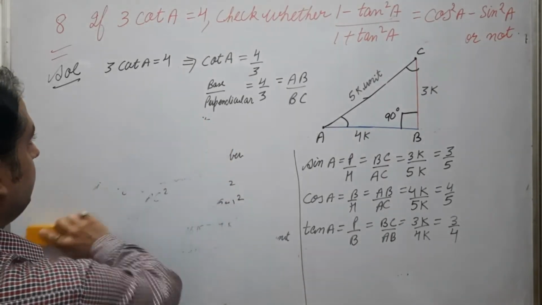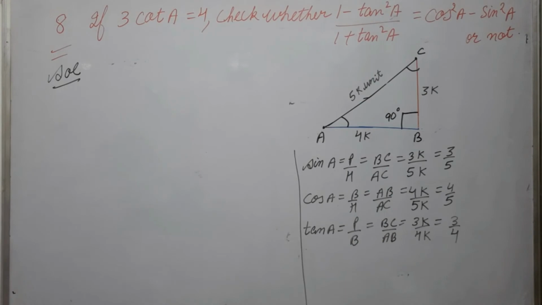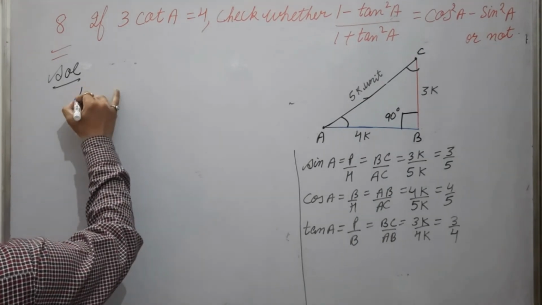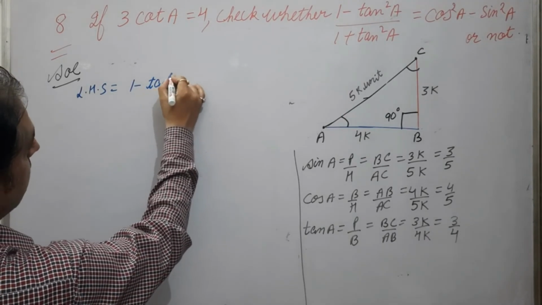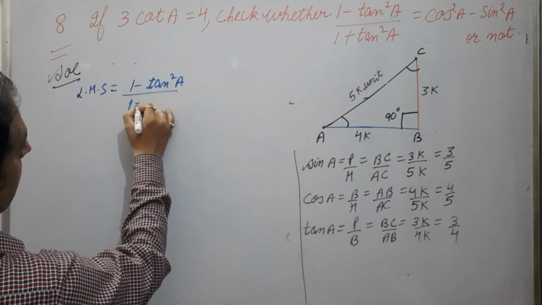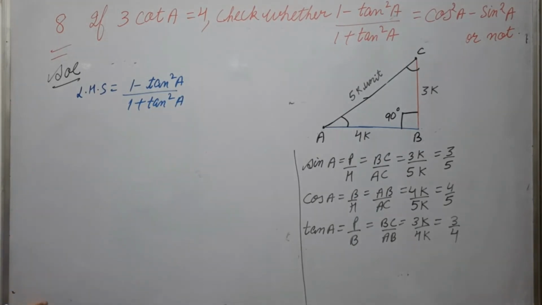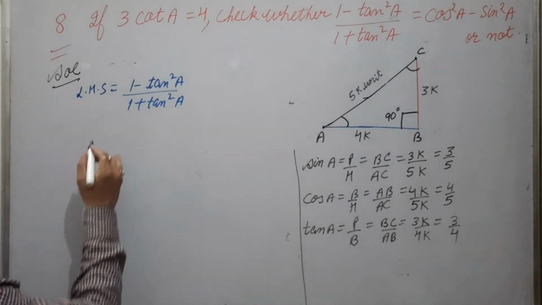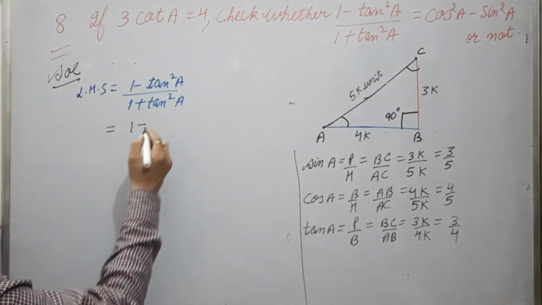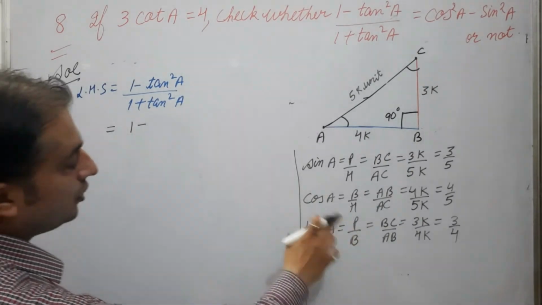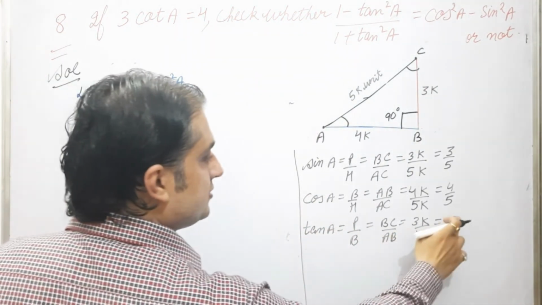So take the left hand side. Left hand side is what? 1 minus tan square A upon 1 plus tan square A. Right. Just put the values of the T ratio, tangent. Tangent A is given, tangent A is 3 upon 4.